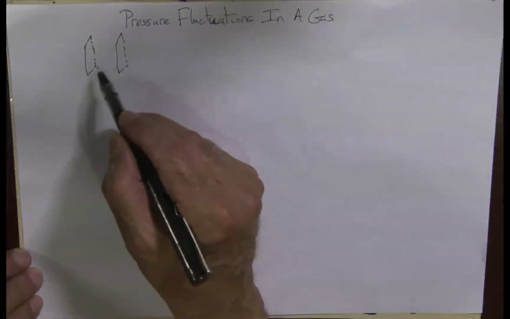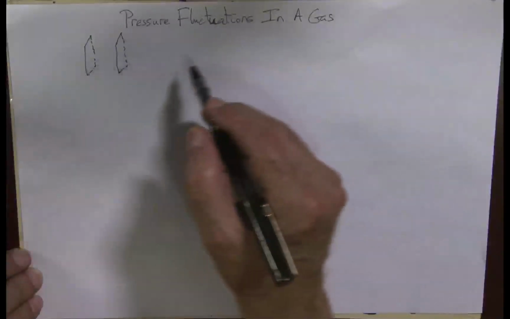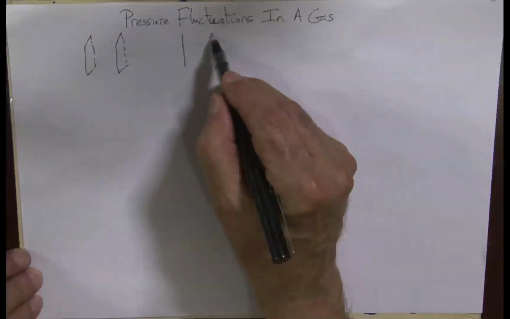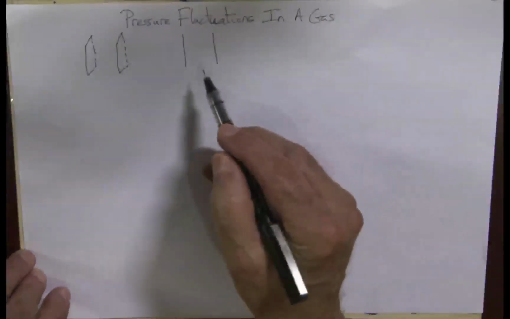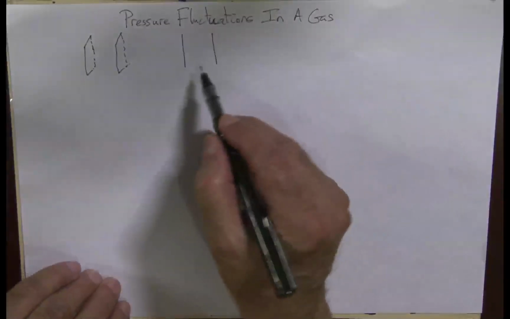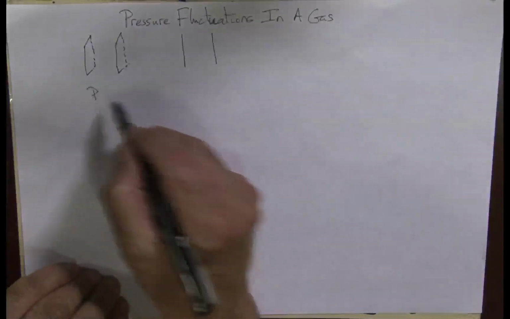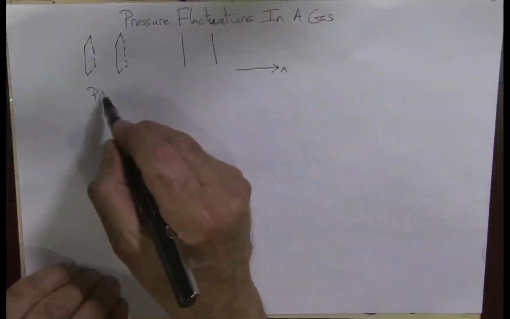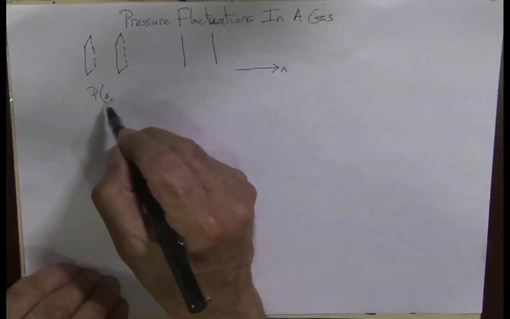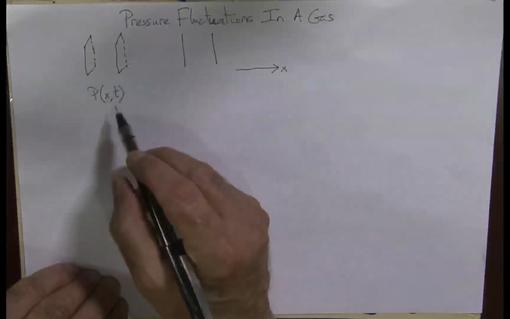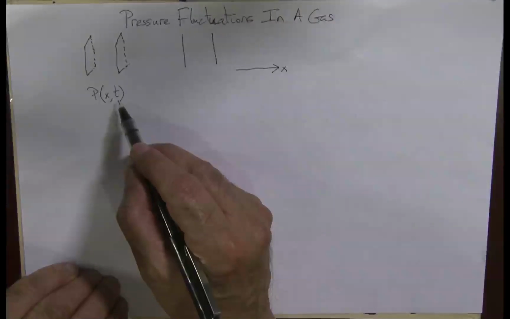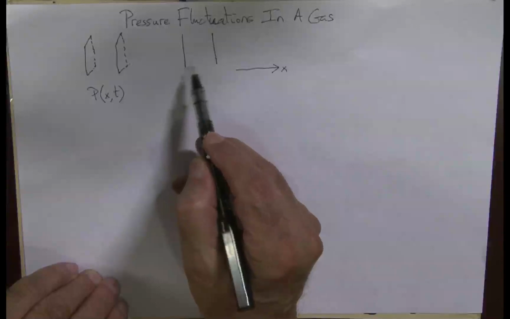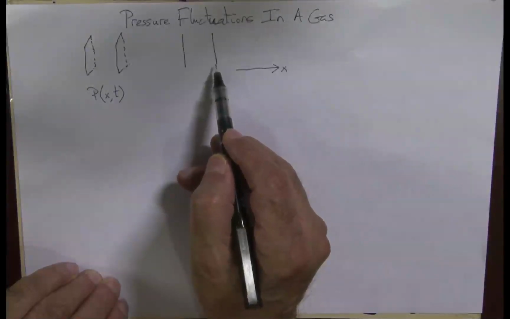And now it'll be easier for me if, instead of drawing this three-dimensionally, I just draw this here as a line and this here as a line. Now, the pressure at any point, so if this is the x direction, the pressure is a function of where you are and the time, because obviously with time the pressure here will change and the pressure here will change also, but differently.